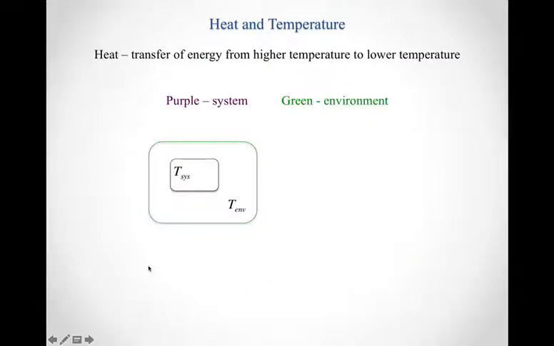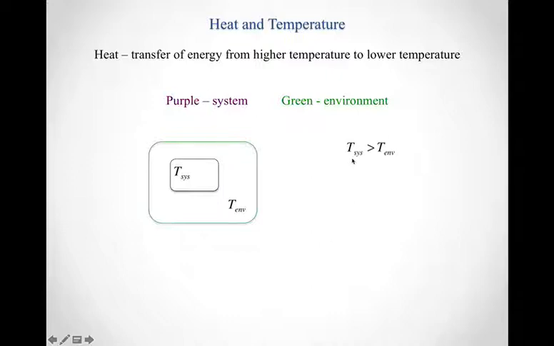And so we can look at a couple of examples of this. Let's say I've got a system that's represented by this purple boundary. What's inside the purple is my system. It sits in some environment that's represented by the green boundary. I can think about the temperature of my system and how it compares to the temperature of the environment.